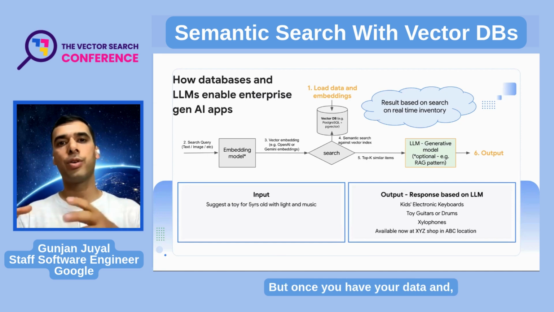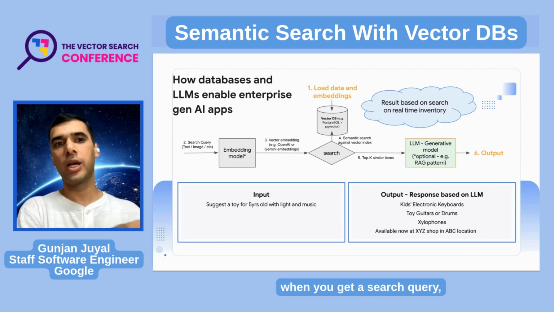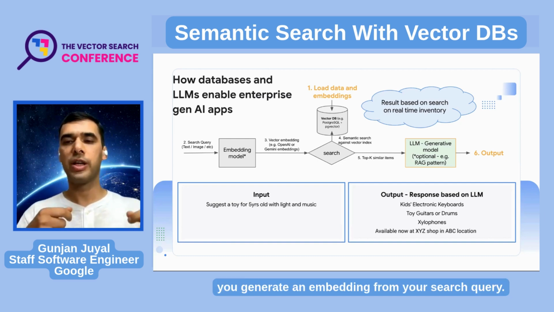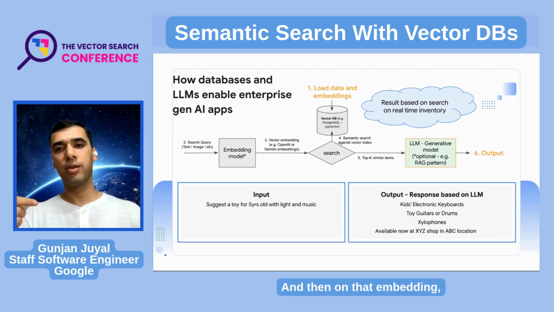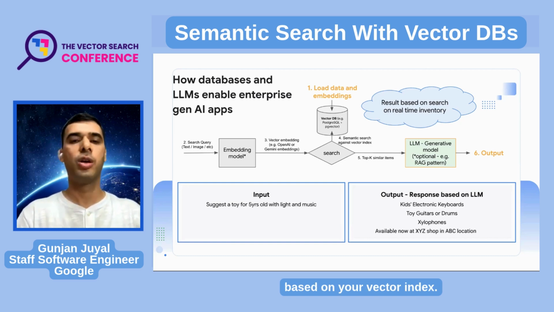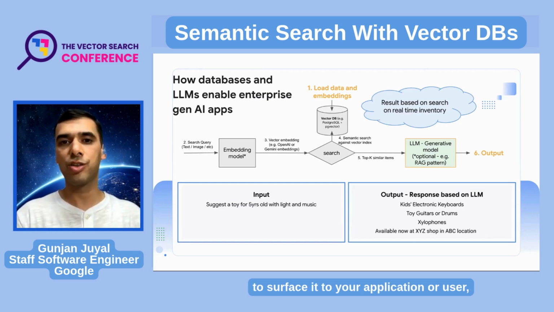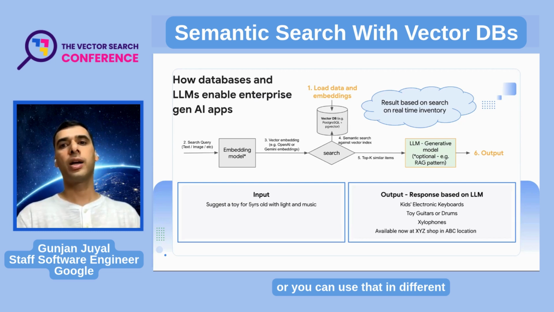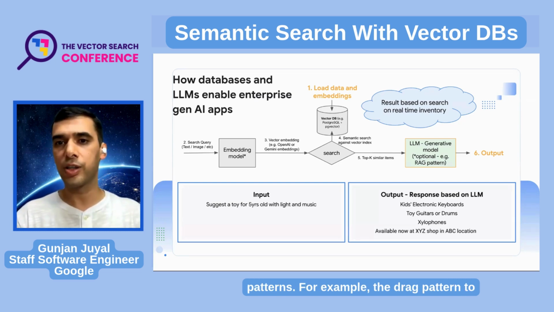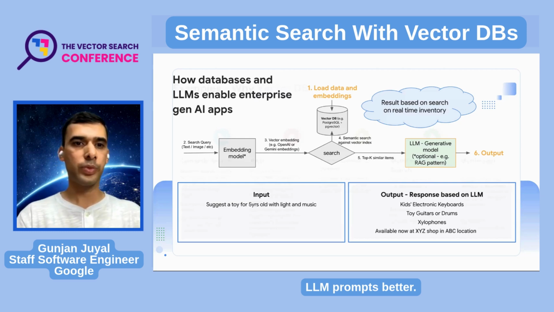But once you have your data and let's say you've created your vector index, when you get a search query, you generate an embedding from your search query, and then on that embedding, you do a vector similarity search based on your vector index. And either you can directly consume those results to surface them to your application or user, or you can use them in different patterns, for example, the RAG pattern, to ground your LLM prompts better.